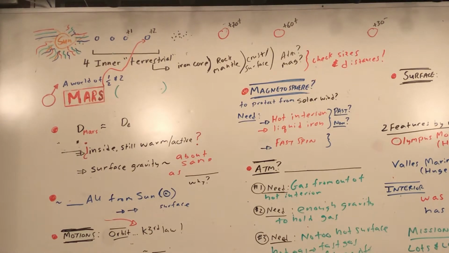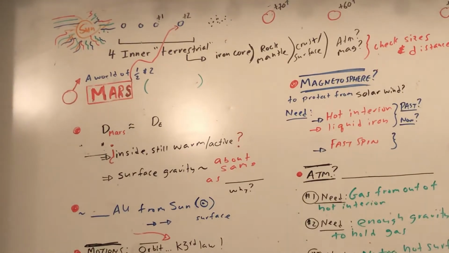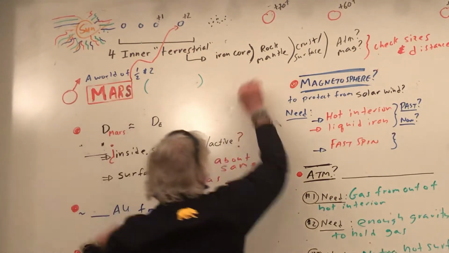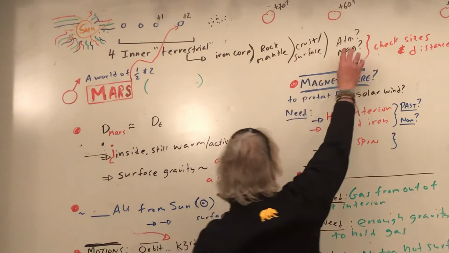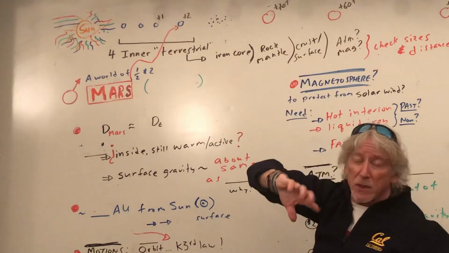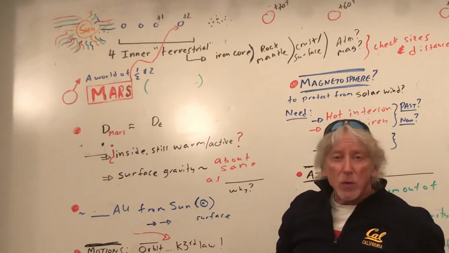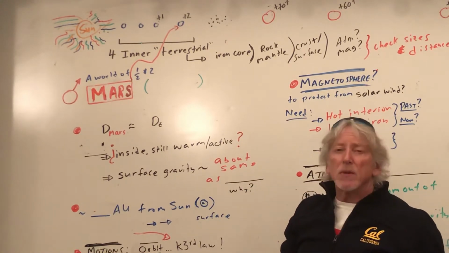Well, the key for Mars, the memory aid that I'll give you, and the way of thinking, it's still, all these are the inner planets with iron core and rock mantle and a crust and surface, and maybe they've got an atmosphere, maybe they don't, maybe they got a magnetosphere, maybe they don't, maybe they're active, maybe they're not, maybe they keep their craters, maybe they've covered them.